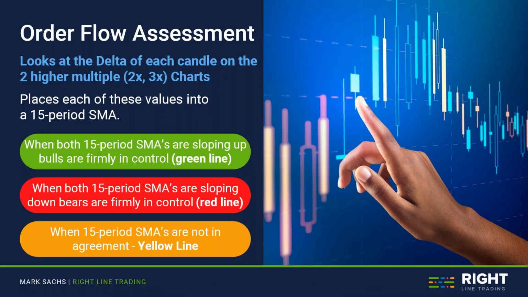And what it's doing is it's looking at the delta of each candle on the 2 higher multiple charts, and it places these values into a 15-period SMA. Now, this is not a standard 15-period SMA. It's got some algorithm built into it, a smoothing effect. It's a proprietary indicator, and it works very well.